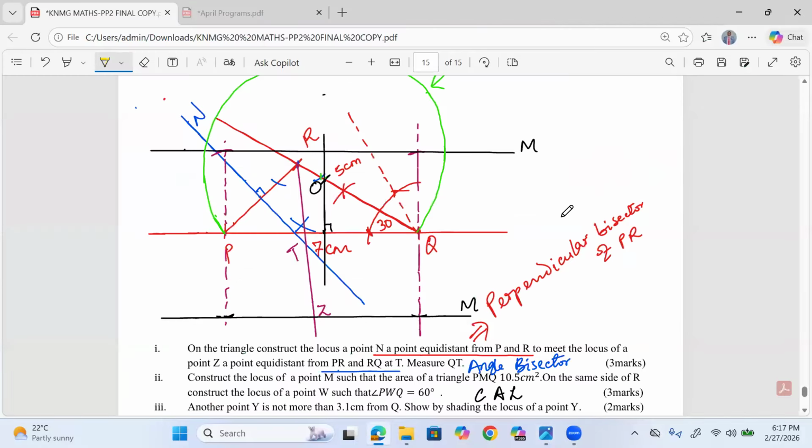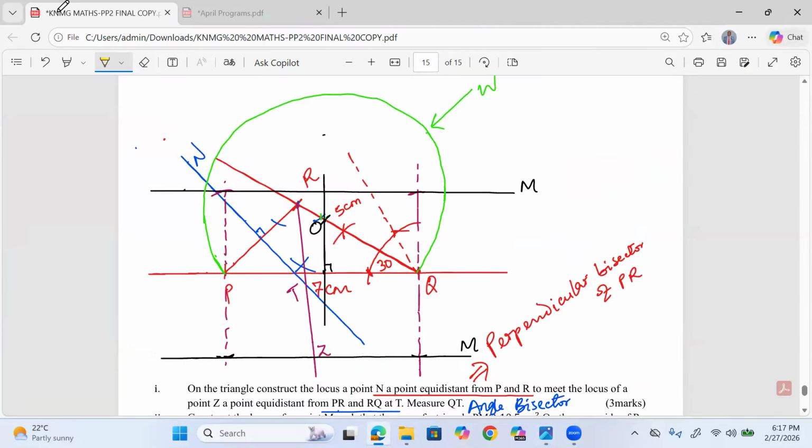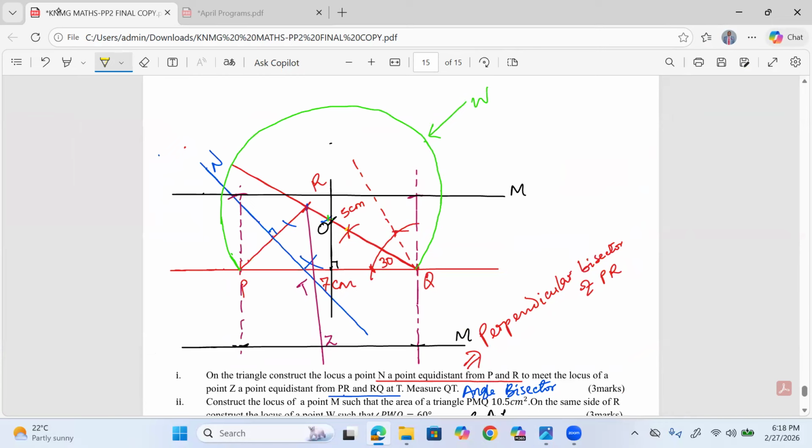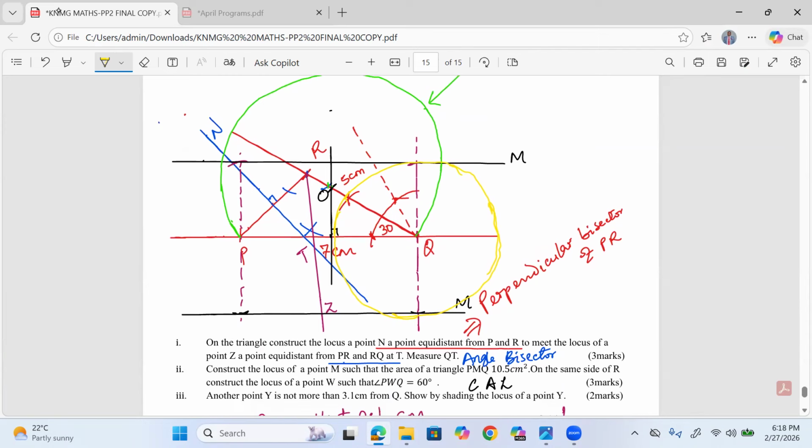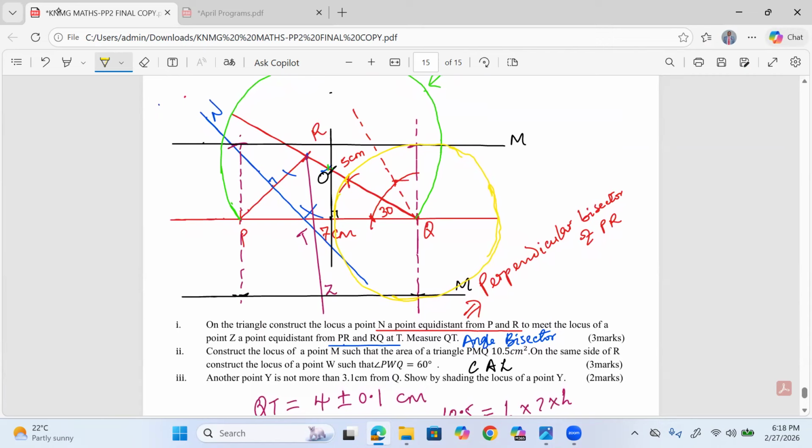Okay, now using a radius of 3.1, we stand at Q and we make a circle. Like that. So along this circle now, the points there are exactly 3.1, but now we don't need the points of Y to be beyond 3.1.